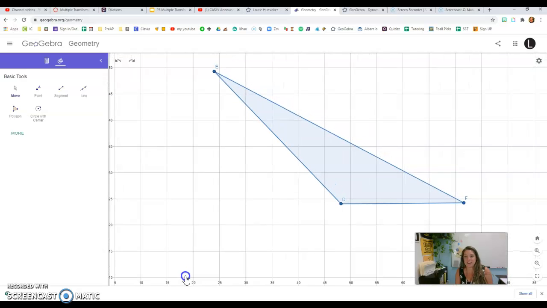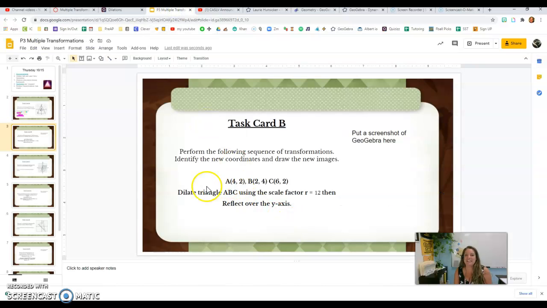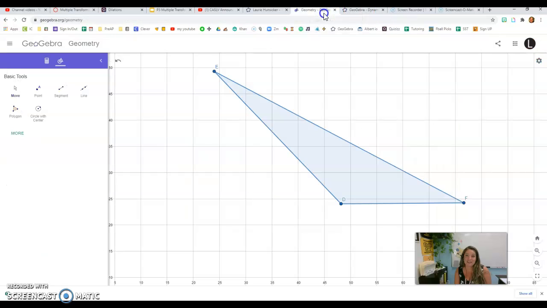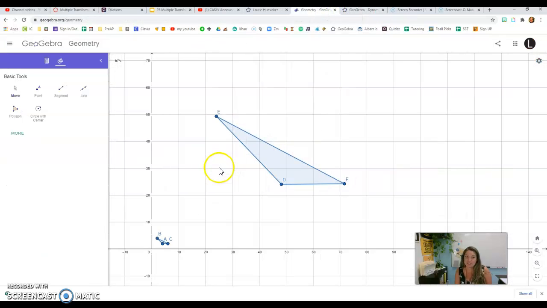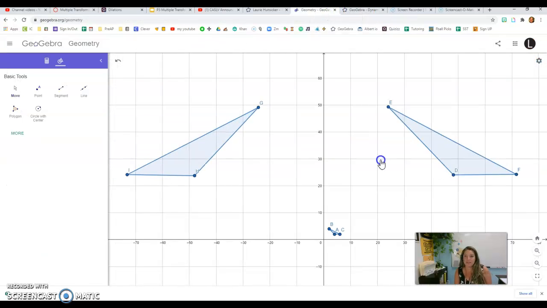So if I zoom way out, that's what these points right here are, okay? If I go back in, it says, okay, dilate the triangle using the scale factor, then reflect over the y-axis. So using those tools, that transformation table, you can get this triangle reflected over the y. Remember, it's going to be like that fold line, and it's just going to fold over.